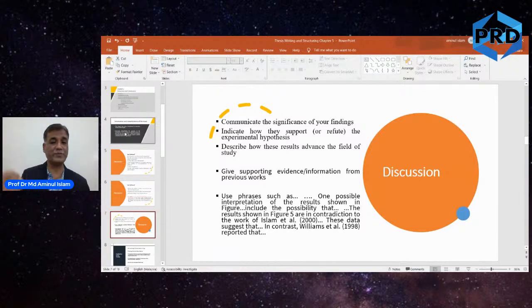You are saying figure 5 is in contradiction to that person, and then you continue, the data suggests, and then you continue, in contrast to other research findings and all that. That's how a discussion chapter could be made very rich in writing, with connection of the theory and connecting the industry together. Okay, I think I have done quite a long discussion on this.